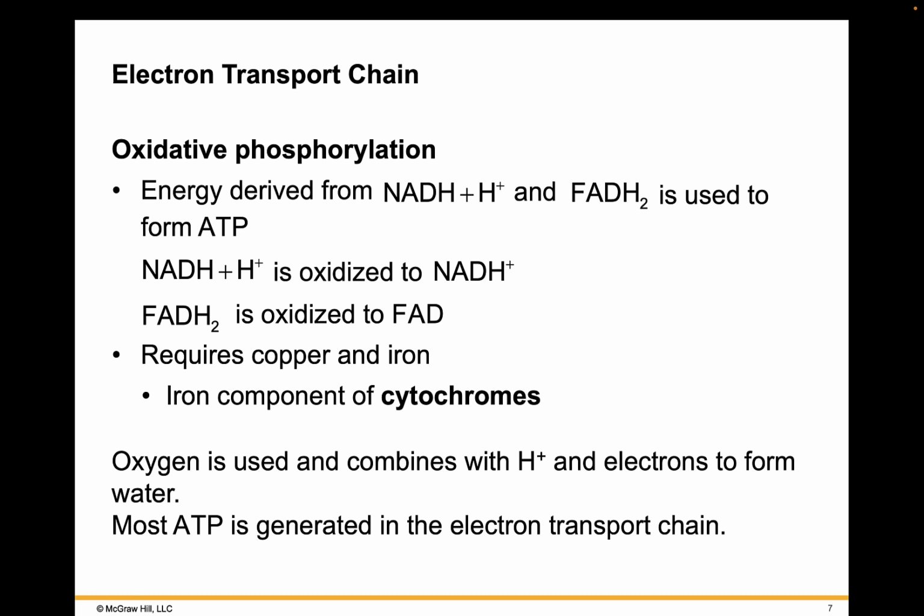The NADH and hydrogen ion is oxidized to NAD+. FADH2 is oxidized to FAD. This process requires copper and iron. Iron is a major component of the cytochromes. Oxygen is used and combines with hydrogen and electrons to form water. The majority of all ATP is generated in the electron transport chain.